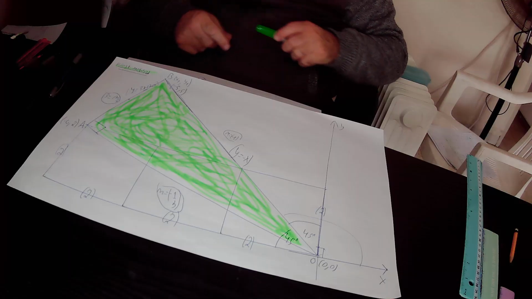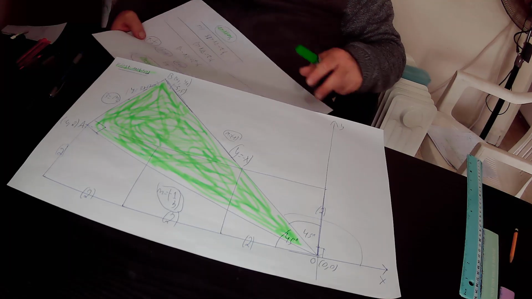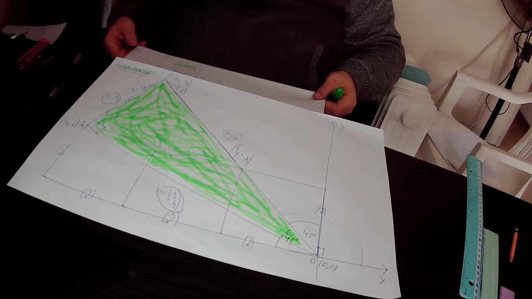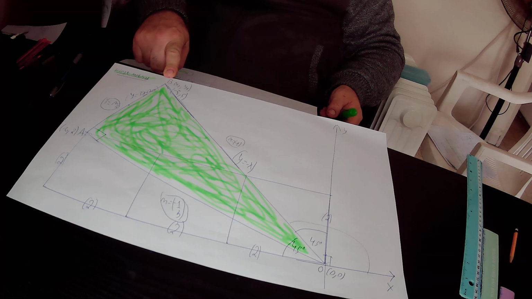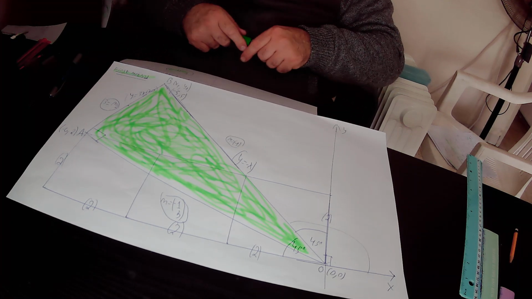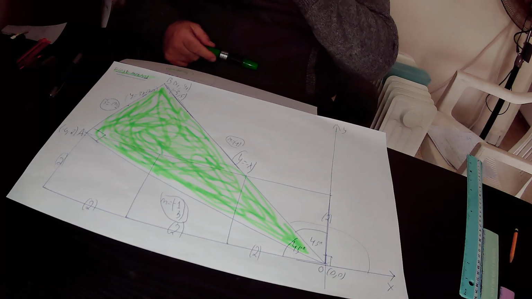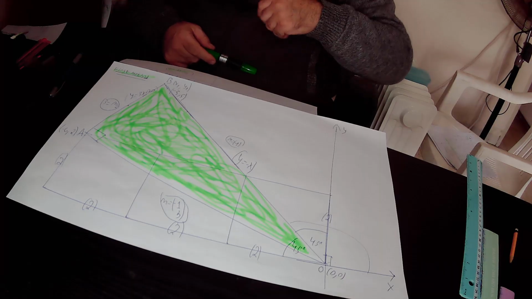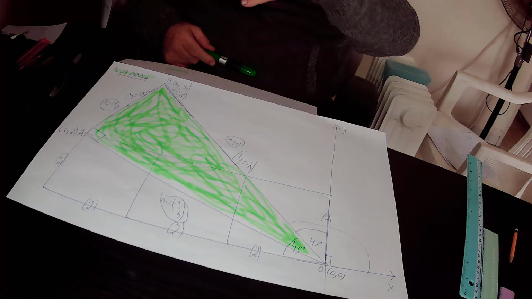So this is point B. Point B is a common point that belongs to both straight lines. Point B is definitely located on the straight line AB, and point B is definitely located on the straight line OB. And we have the rule that says if a point is located on a straight line, then it must satisfy the equation of the straight line.